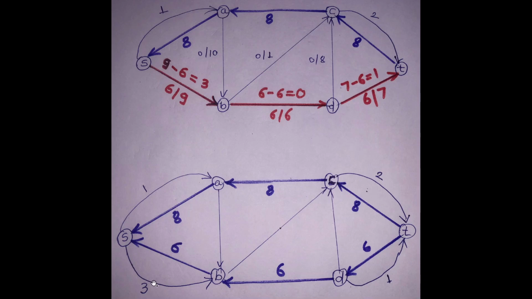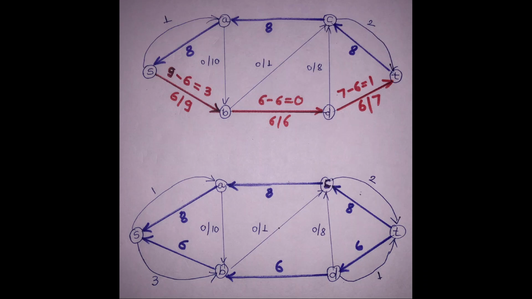This is the forward direction of S to B, still having capacity 3. So this is the reverse flow for the second path. The remaining values, S to B, B to C and D to C, are as they were, and this is the reverse flow diagram for both paths of the graph.